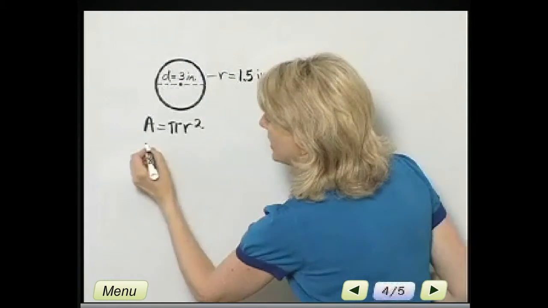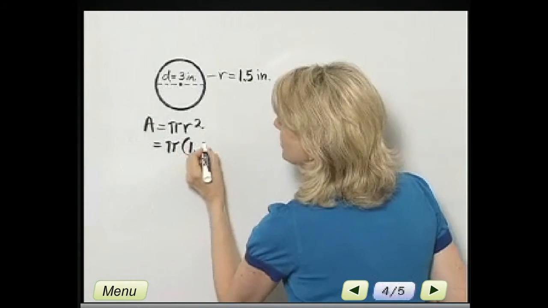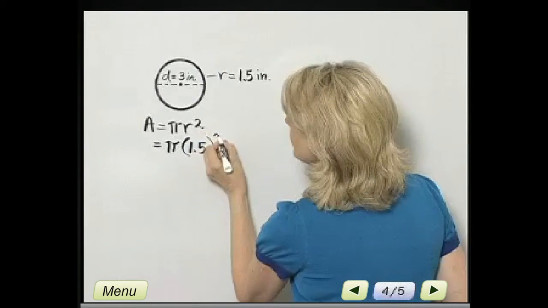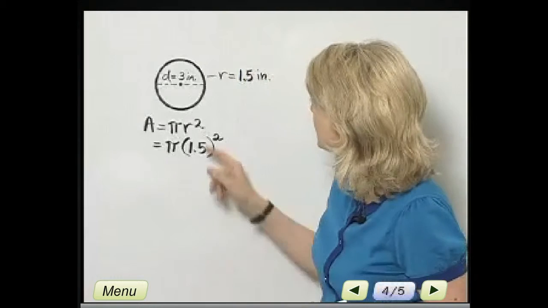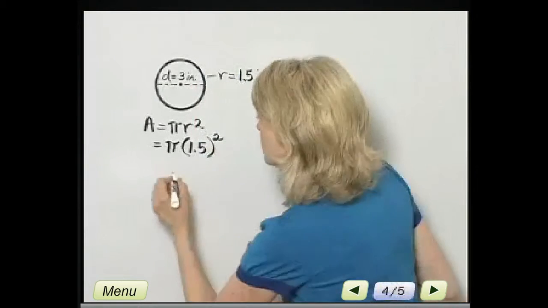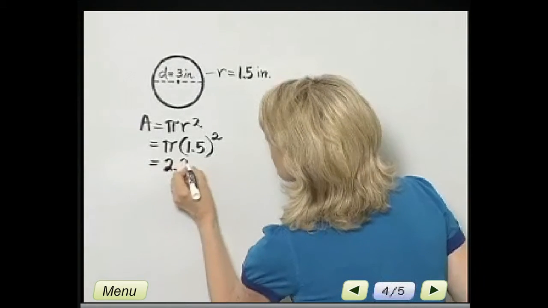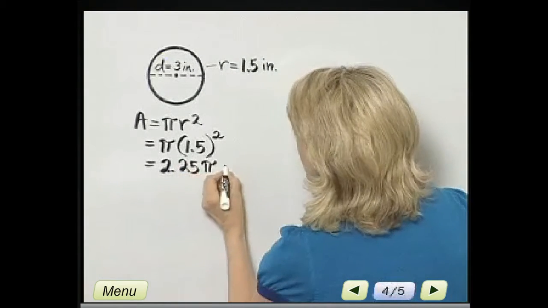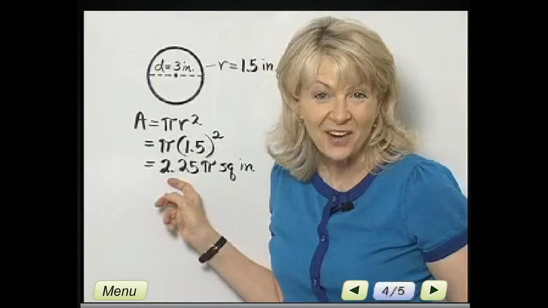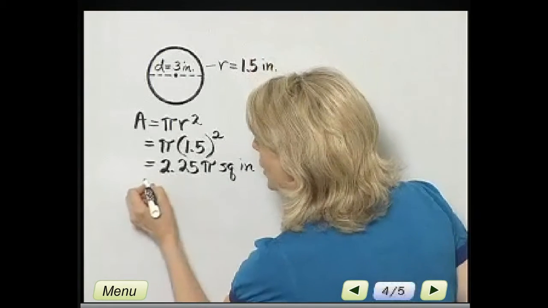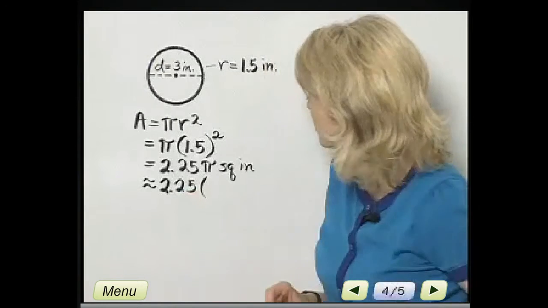And now we can go ahead and find our area. It's pi times the radius, 1 5/10 squared. This area will be in square inches. Do not forget to attach the correct units. So this is exactly, if you multiply, that's 2 25/100 pi, and that is square inches. So this is the exact area of the circle. We can approximate by using one of two popular approximations for pi.